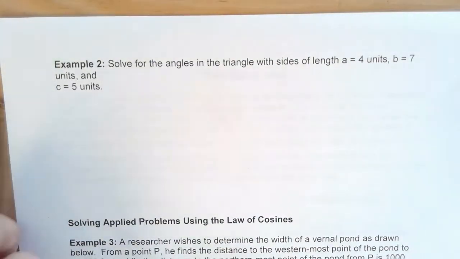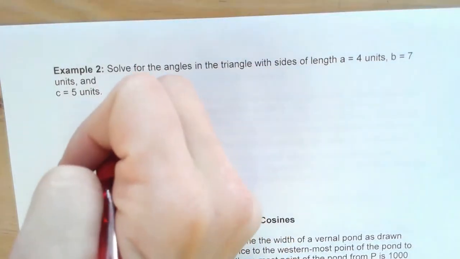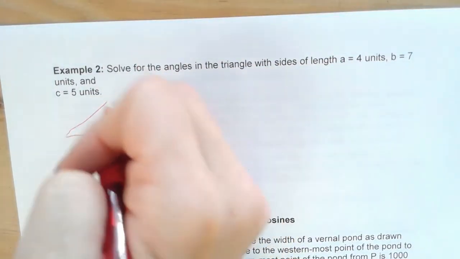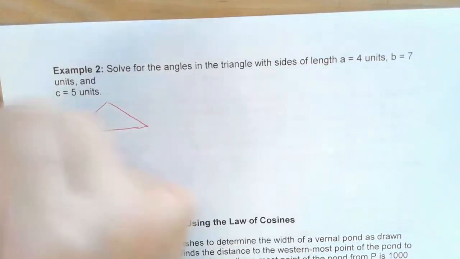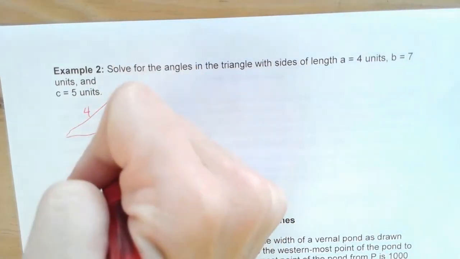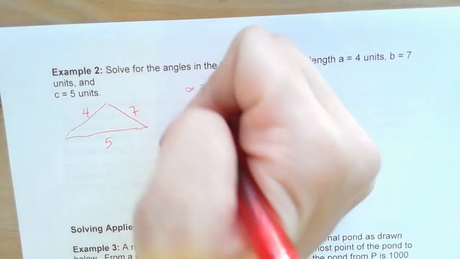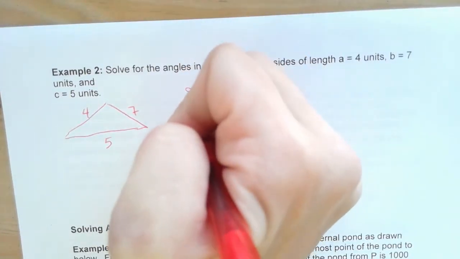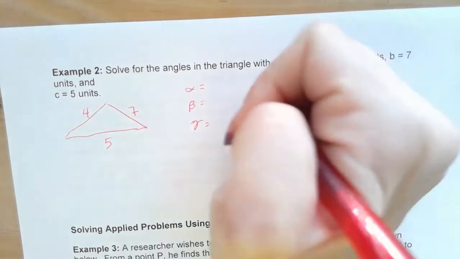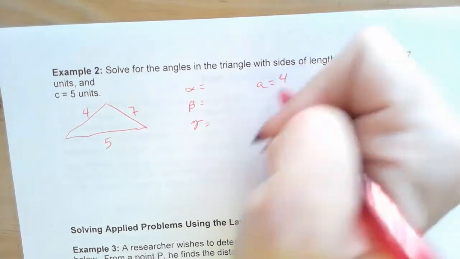Okay, in this case, we have side, side, side. Of course, none of my triangles look correct. I'm just sketching them. So 4, 7, 5. Let's see, alpha, we don't know. Beta, we don't know. Gamma, we don't know. A is 4.